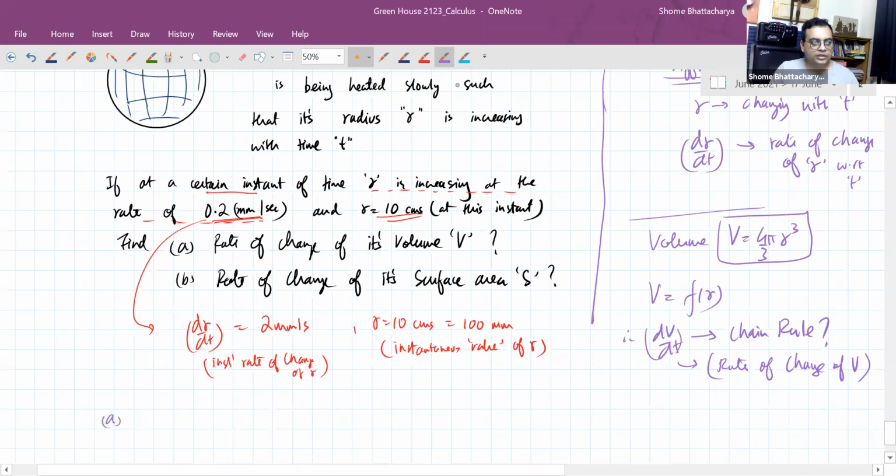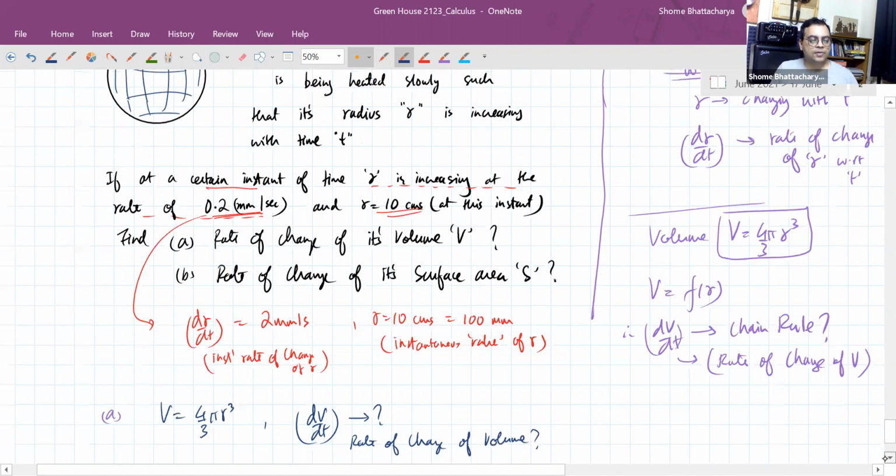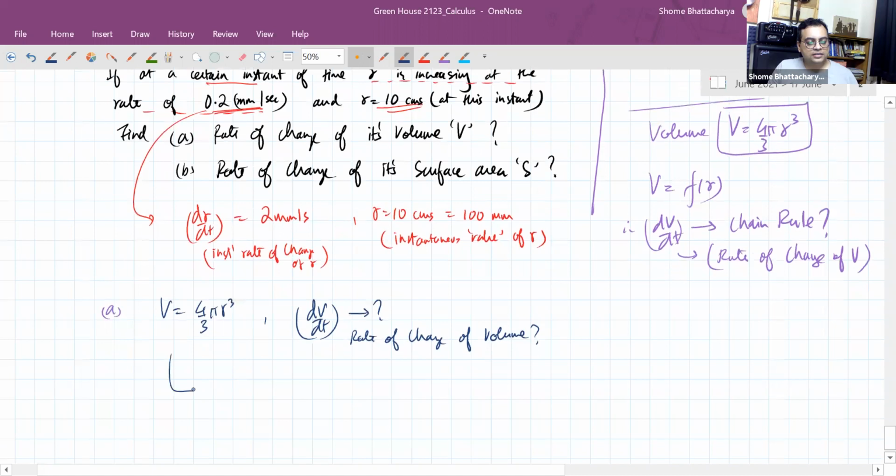Okay, so now see, we know that volume as a function of radius is 4 by 3 pi r cube. Now we want to find dV by dt, the rate of change of volume. To find this out, we'll have to use chain rule. This is dV by dr into dr by dt.